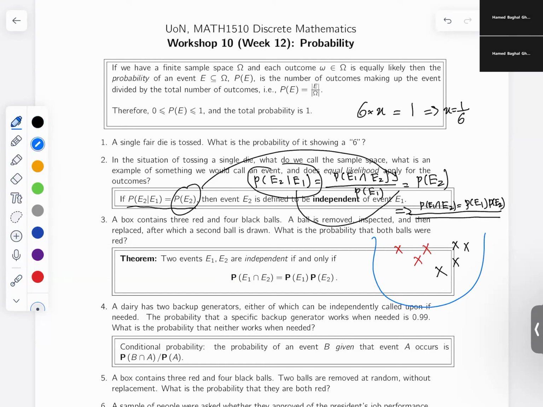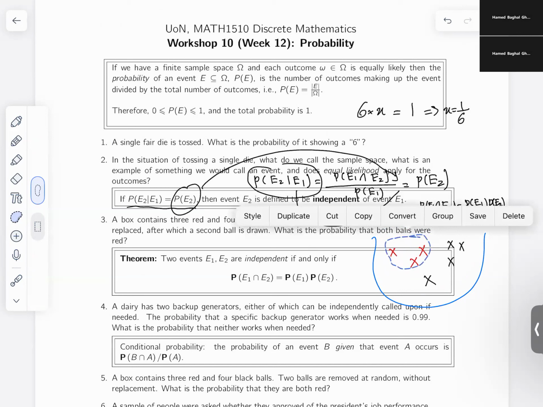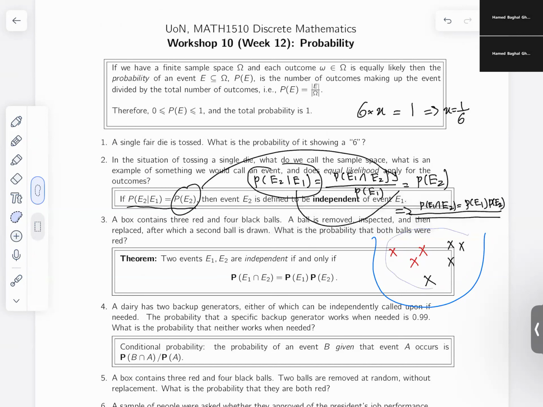Well, you see that? First one, among these guys, which one is the red one? These three. Desired outcome divided by whole outcome. So this means 3 over 7.